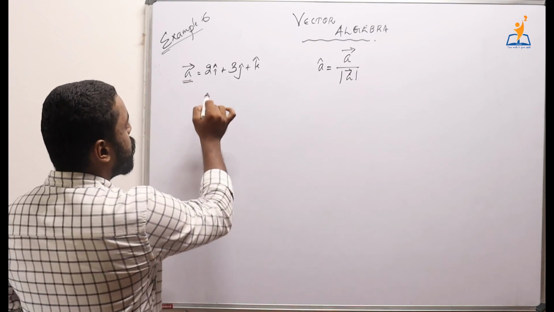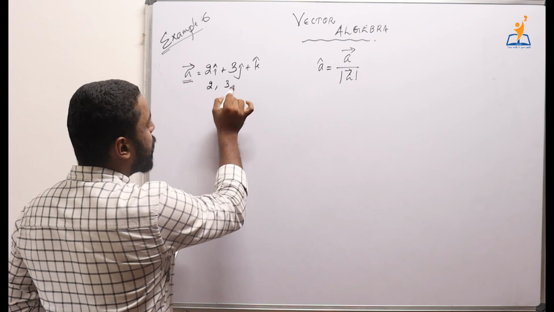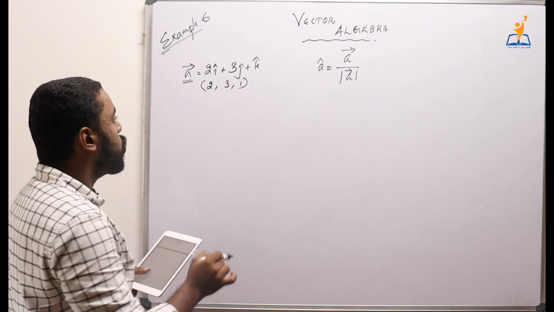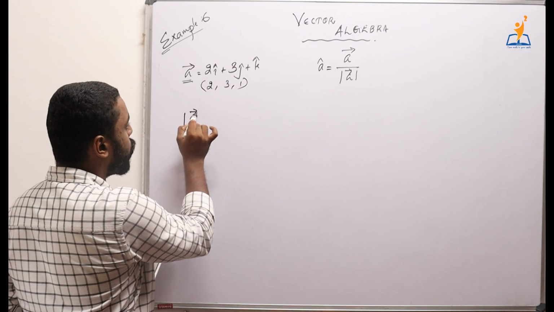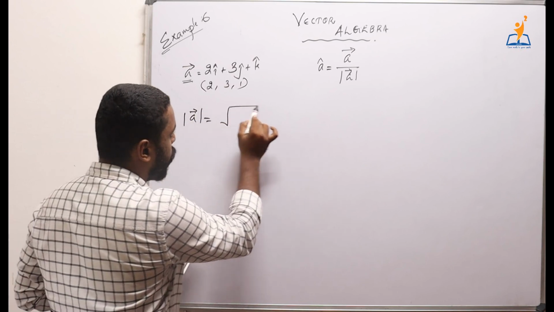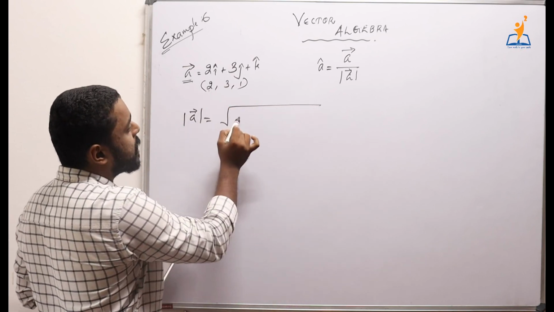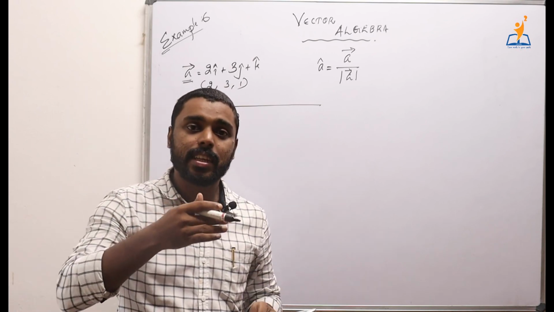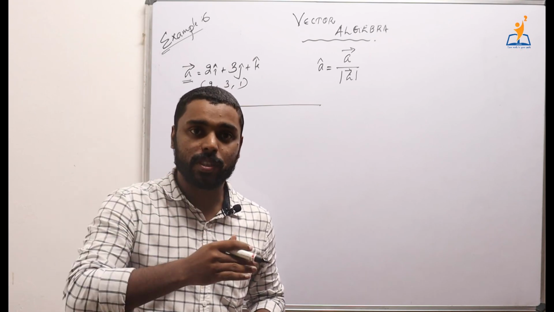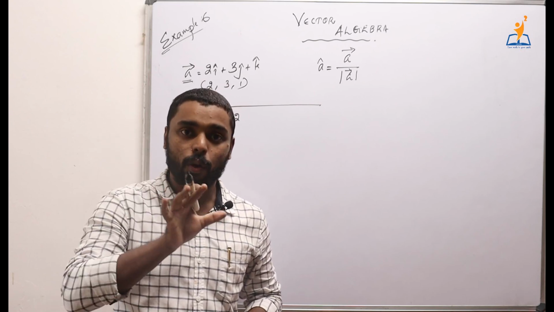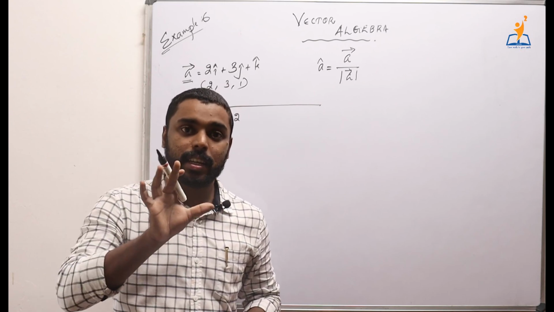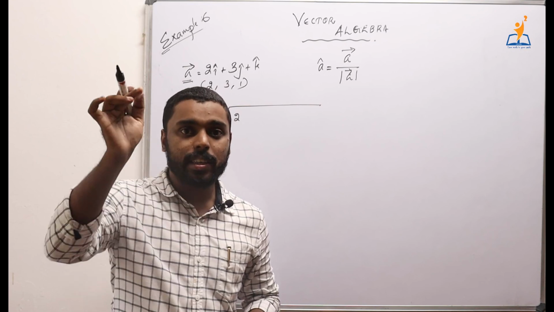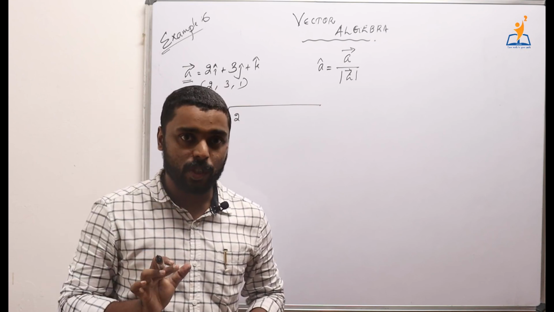Here the corresponding point is 2, 3, 1, right? Always remember that the modulus of a vector is the distance of the terminal point from the origin, the position vector.